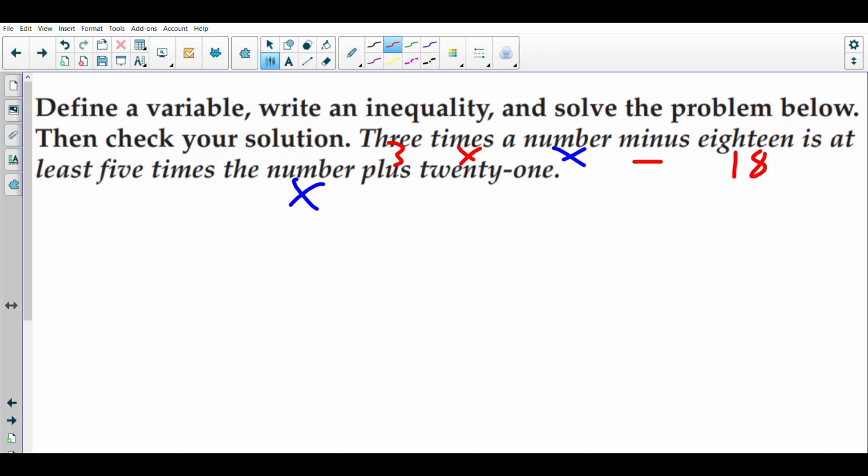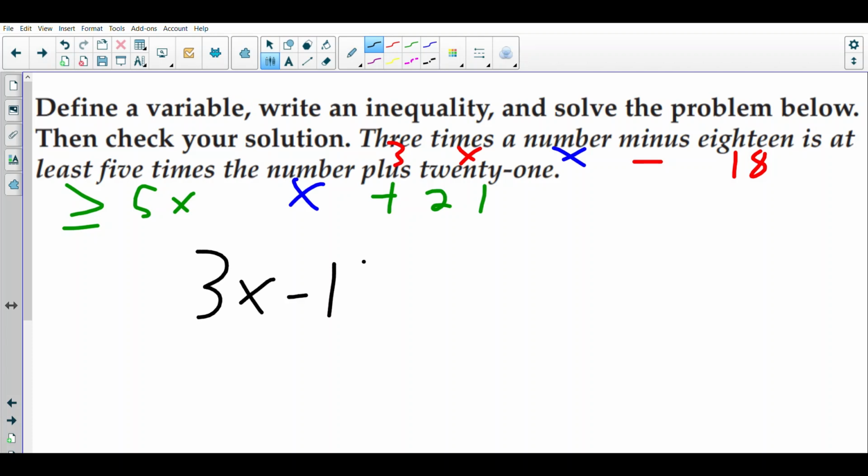At least means greater than or equal to. So all I did was translate. 3 times x minus 18 is at least 5 times x plus 21.